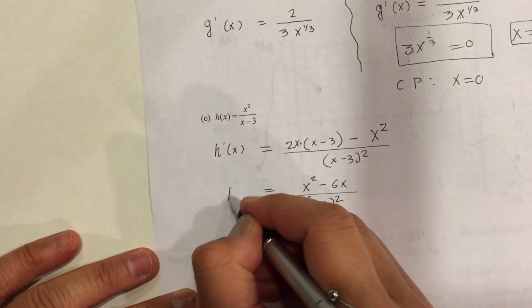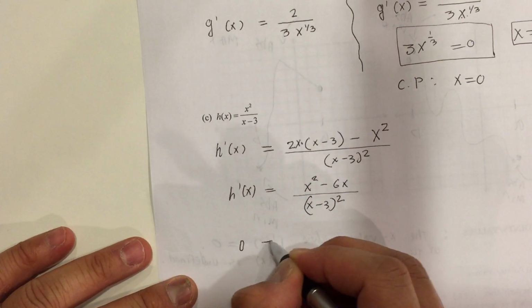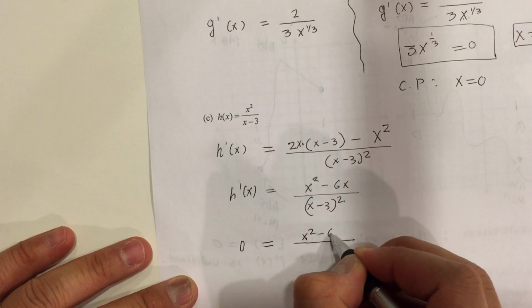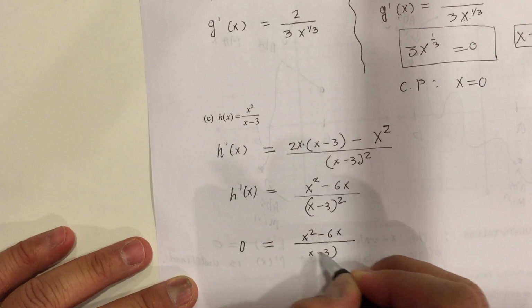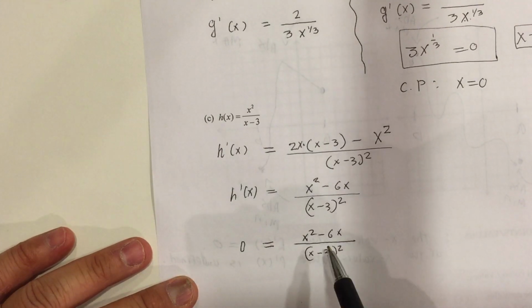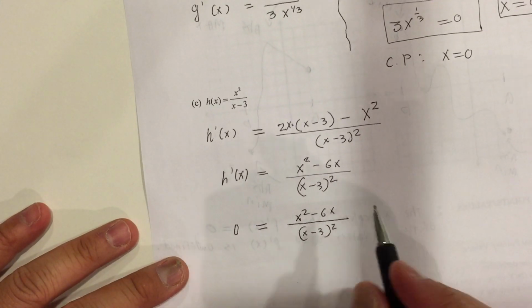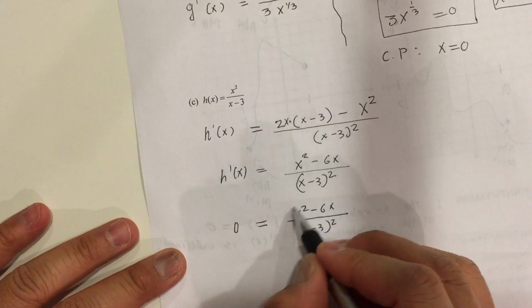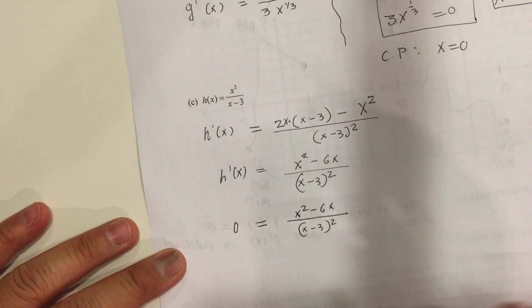So I want to find my critical points. I begin by setting my derivative function equals to 0, and I ask myself, are there any x value that makes the function equals to 0? And the only thing we have to be concerned with is the numerator, because when the numerator equals to 0, then the whole thing equals to 0.